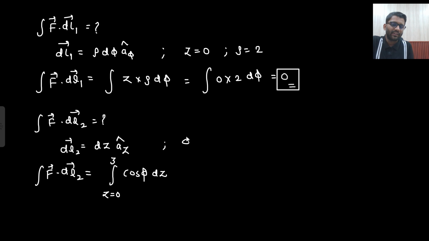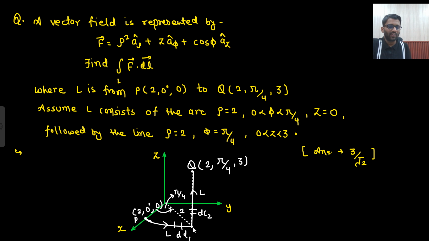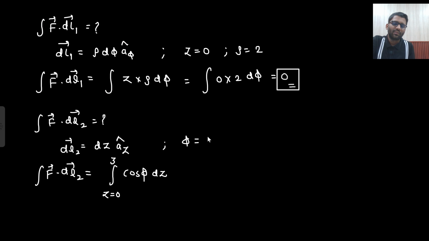Cos phi, phi is fixed. I don't need the value of rho here, although rho is also fixed, rho equals 2. But I need the value of phi only, so phi equals pi by 4, which is fixed. So here I am going to put pi by 4. And the limit of z is going from 0 to 3. What is the value of cos pi by 4? That is 1 by root 2.